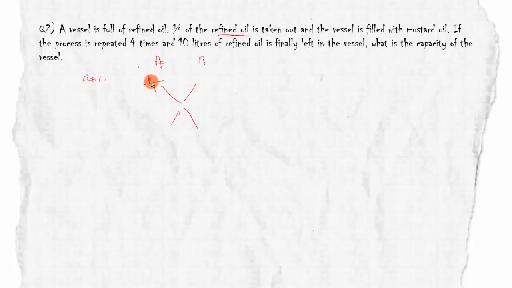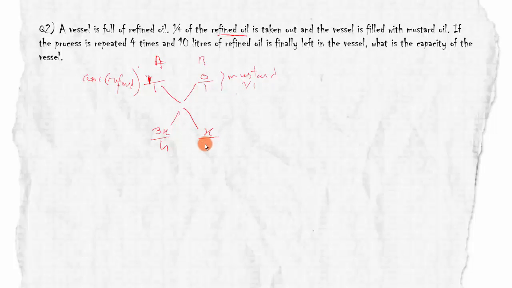And we had this as 3x by 4, and 0 out of 1. The concentration is with respect to refined oil. So B is mustard. In mustard, what is the concentration of refined oil? 0, right? It's 1 out of 1 mustard, but 0 out of 1 refined.